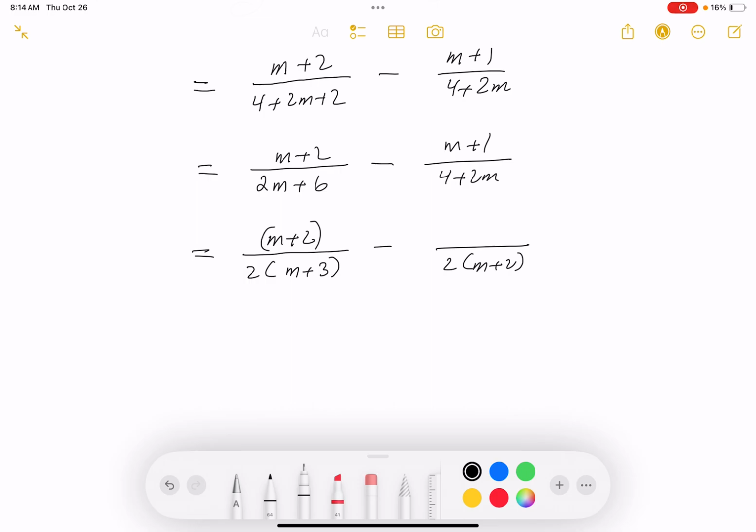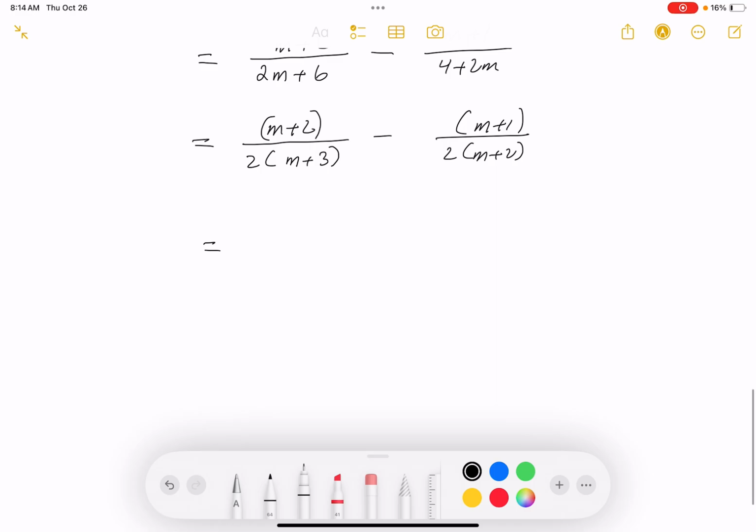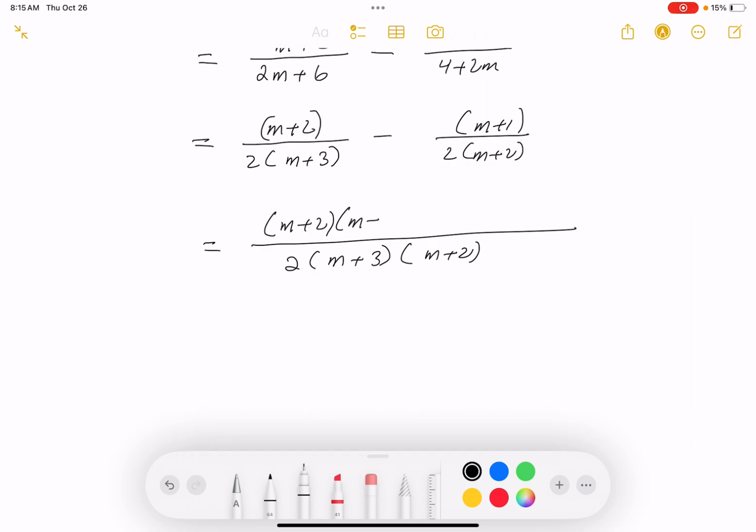And this is m plus 2, and this is m plus 1. Right, the LCD is 2 times m plus 3 times m plus 2. M plus 2 times m plus 2 minus m plus 1 times m plus 3.